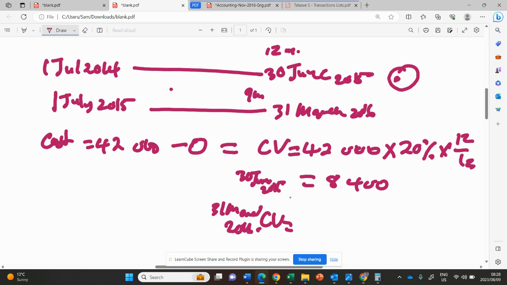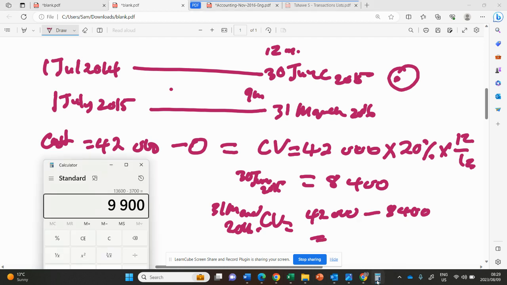Not the 8,000. The carrying value is the cost of 42,000 minus last year's depreciation of 8,400.